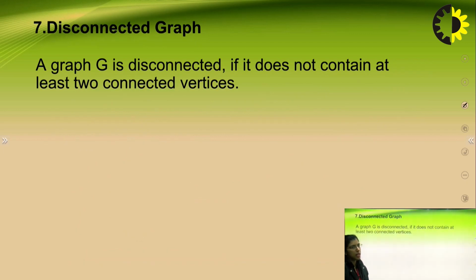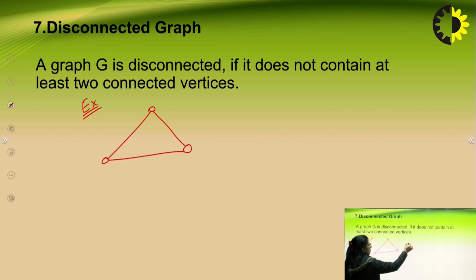Next one is a disconnected graph. As the name itself suggests, a graph is disconnected if it does not contain a path between every pair of vertices. It means, for example, we have A, B, C and D vertices.